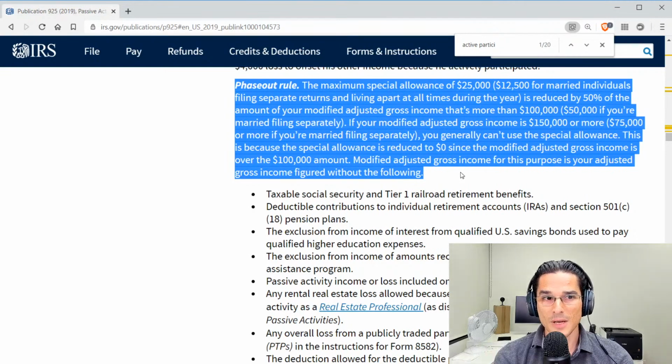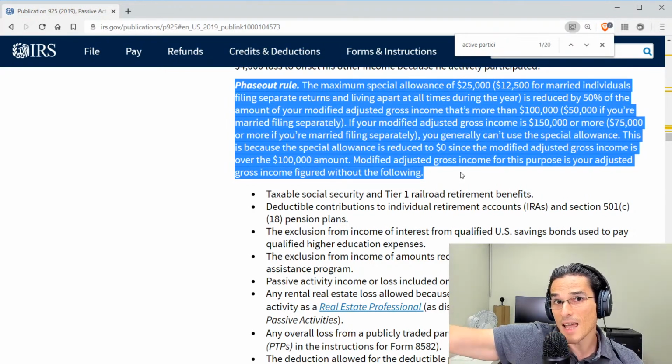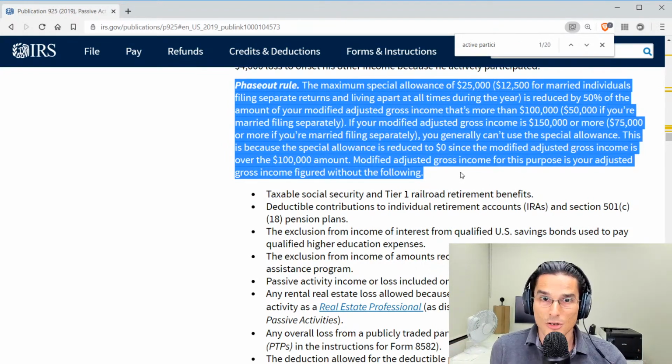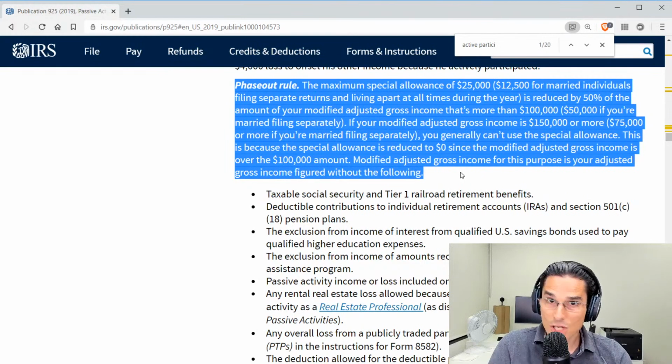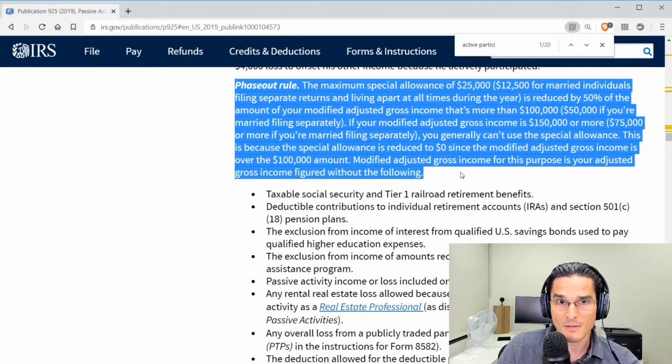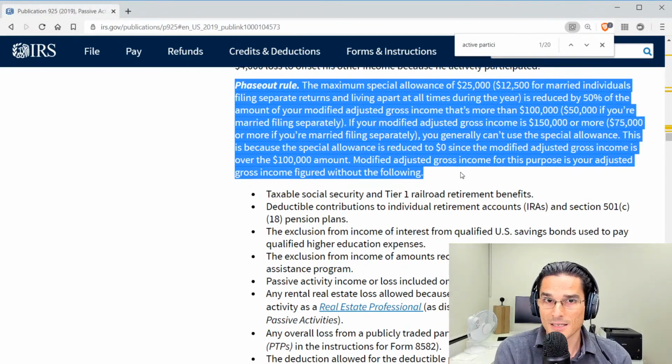So what that means is that you may have a gain on the sale of the rental property, but all of those suspended losses are available to offset your non-passive income, not just the capital gains on the sale of the property. All right, this is able to offset all of your other non-passive income. It's powerful, very powerful stuff.